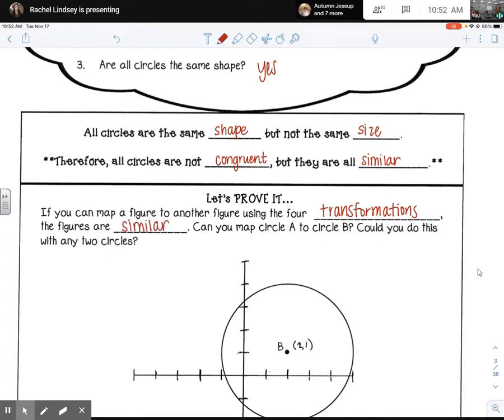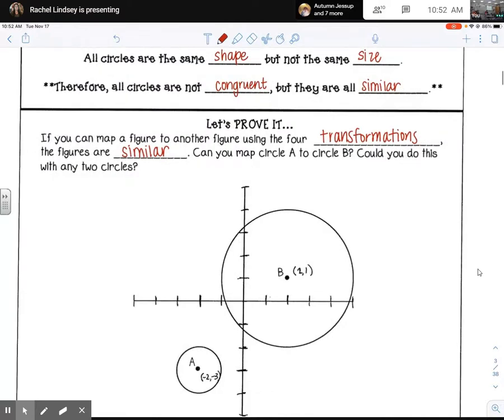So what you could do here, if you want to map B to A, or map A to C, is move left or right, so you could translate, and you can go up or down. So I'd move 1, 2, 3, 4 to the right, and 1, 2, 3, 4 up.